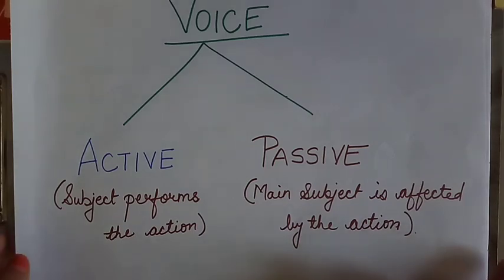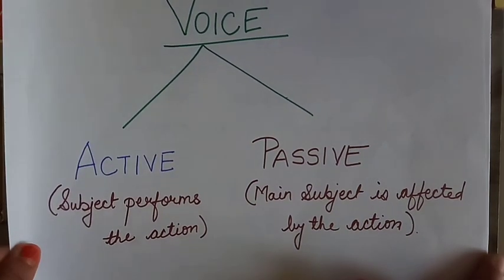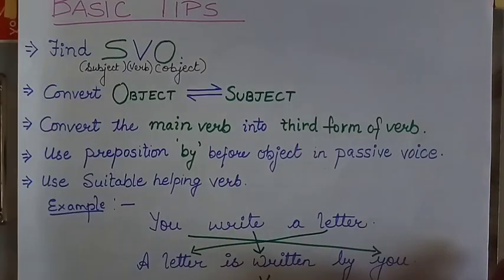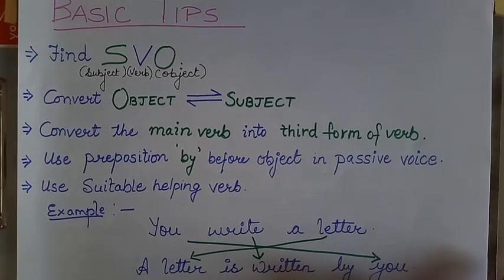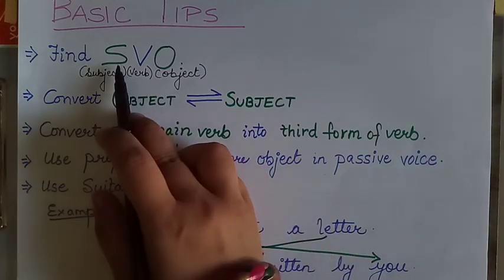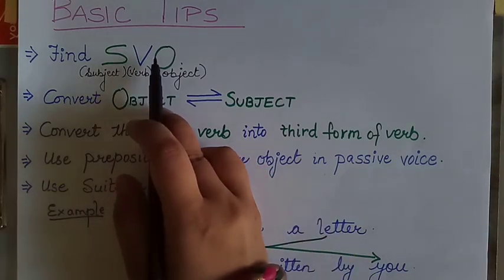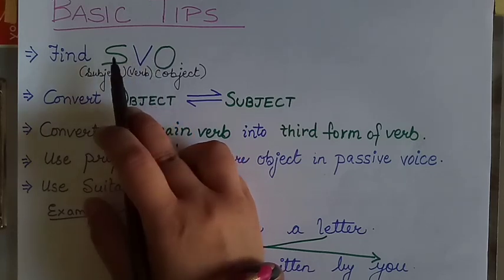Okay, so now let's start with the basic tips or the basic rules required to change a sentence from active to passive. First of all, to change an active voice into passive, you should know SVO. What is SVO?